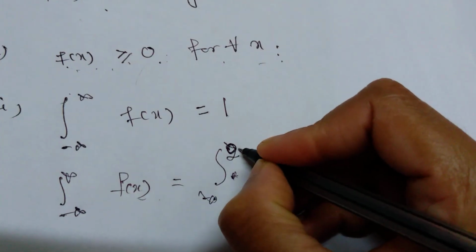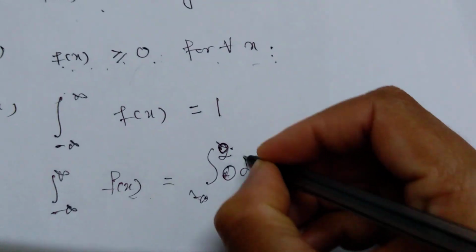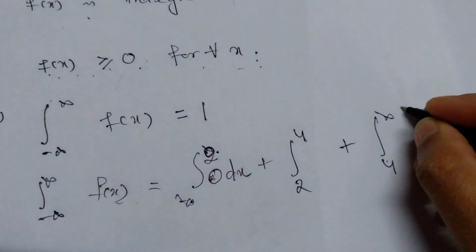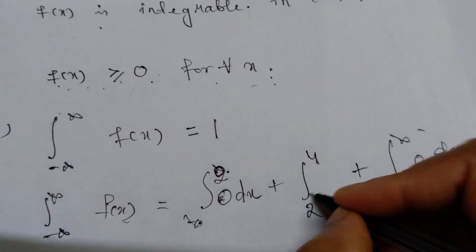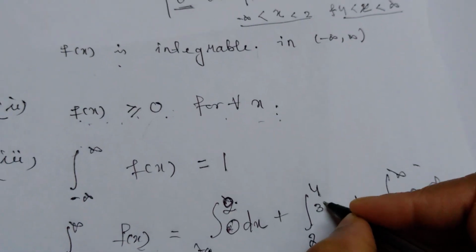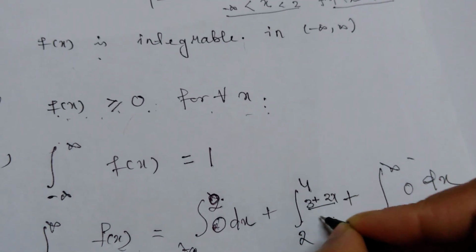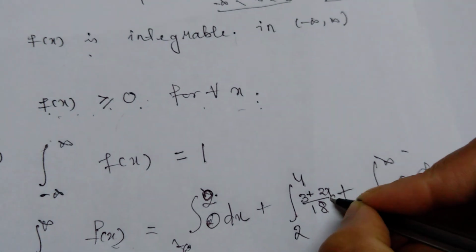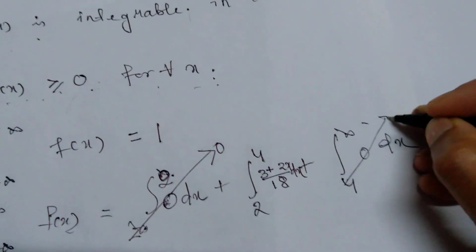In the interval minus infinity to 2 the functional value is 0. For 4 to infinity also the functional value is 0. It is given in the question. And for 2 to 4 the value is 3 plus 2x upon 18 into dx. So this one is 0, this one is 0.